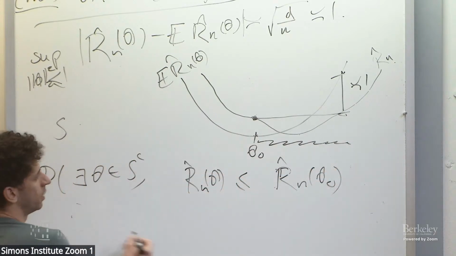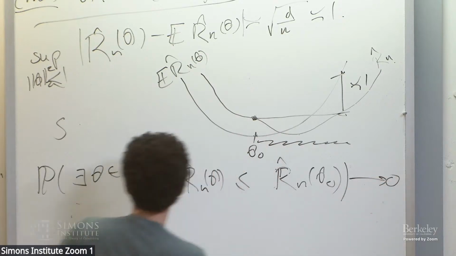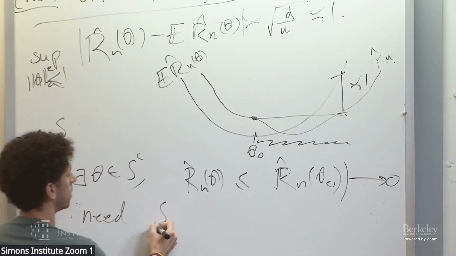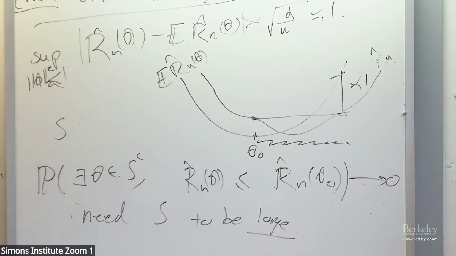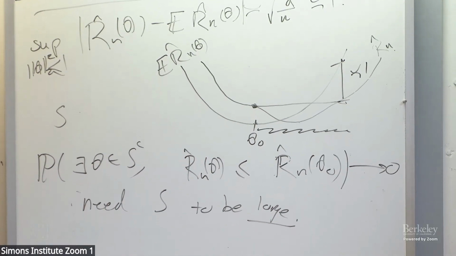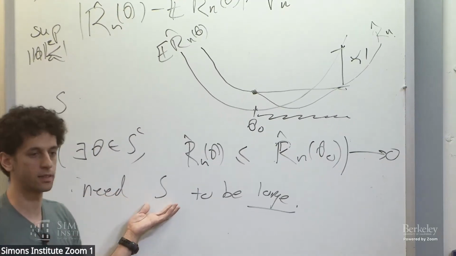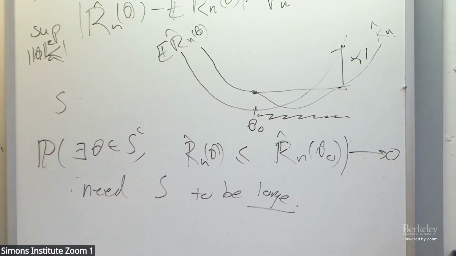So if I want this to go to 0, I need S to be large. As a result, there's no hope for me to find some S that localizes minimizers accurately.